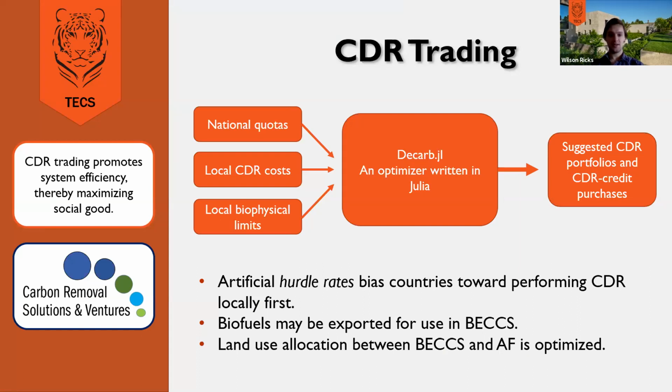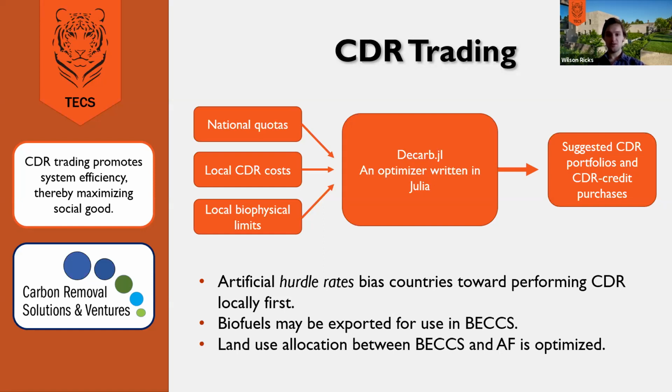So each country can meet its limit either by performing CDR locally using the resources available to them, or if there are more cost-effective options somewhere around the world, it can essentially purchase CDR credits on a global market, much like a carbon trading market, effectively investing in CDR in foreign countries.